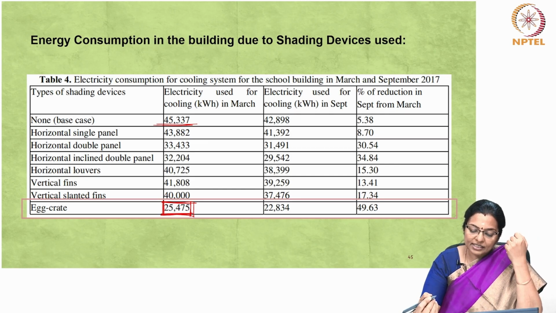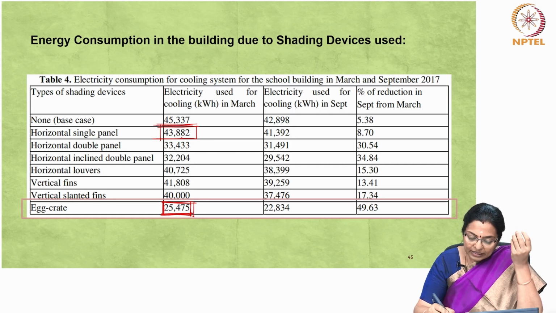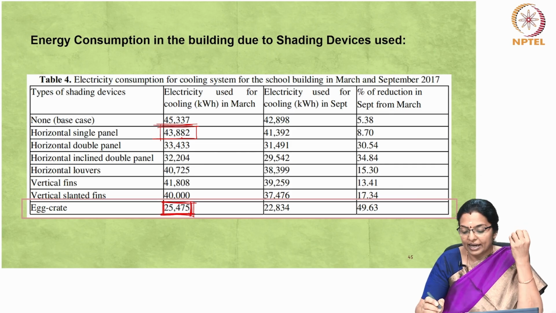And the least difference between the base case and a shading device is when there is a single panel, and a little less than half of it comes for the egg crate. So, egg crate stands out to be one of the most efficient.